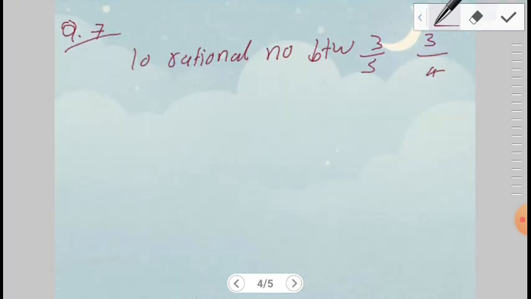Now for question 7, 10 rational numbers between 3 upon 5 and 3 upon 4. Simple, as we do every time, we will take the LCM of 5 and 4. So the LCM becomes 20.